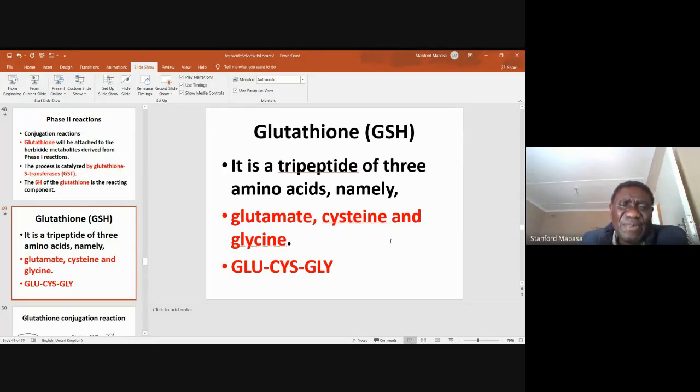So we can represent it in short like glu-CYS-gly. So this bottom part here can represent the short structure for glutathione.